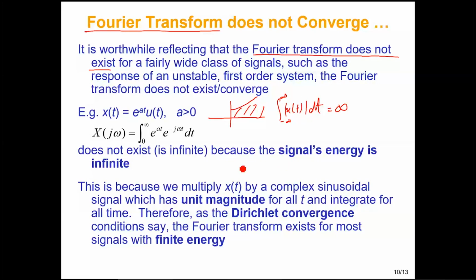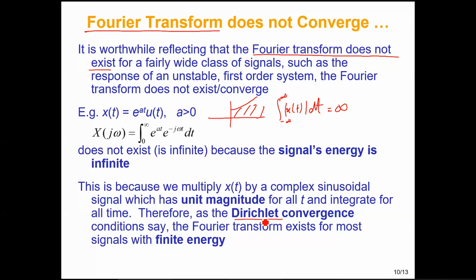On the other hand, as far as your Laplace transform is concerned, it exists for every function, every signal. We don't even have to check whether Laplace exists or not. But for Fourier, it is more appropriate to first check whether Fourier exists or not.